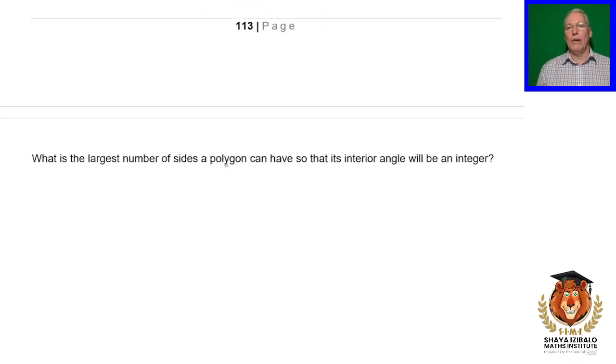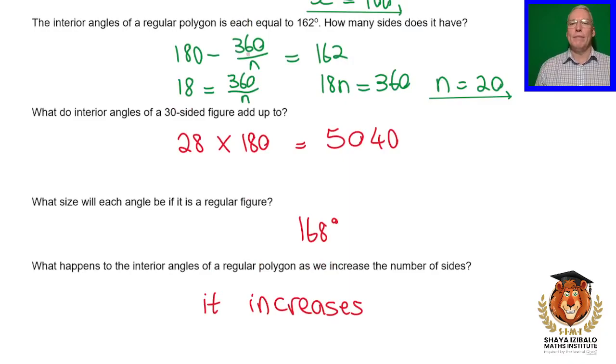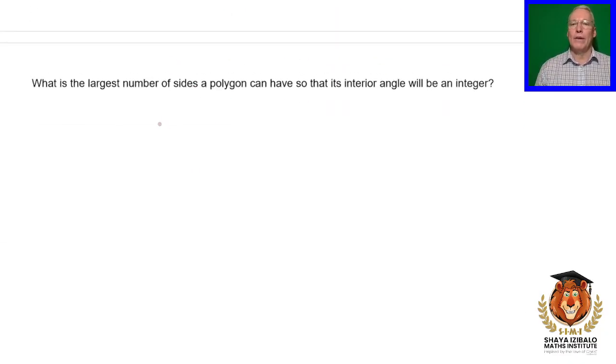And then what's the largest number of sides a polygon can have so that its interior angle will be an integer, a whole number? Now remember the interior angle is 180 minus 360 over n. So we want n to be as large as possible. But if n gets bigger than 360, we're going to get a fraction here, and then we're not going to have a whole number interior angle.